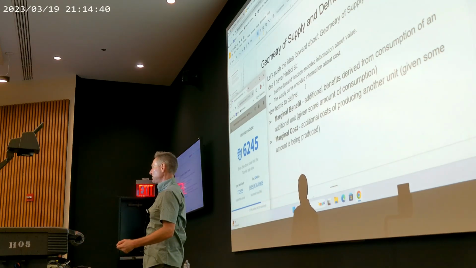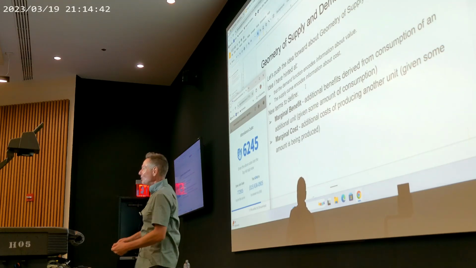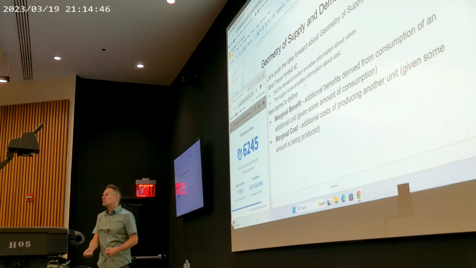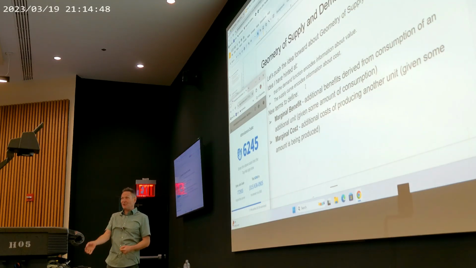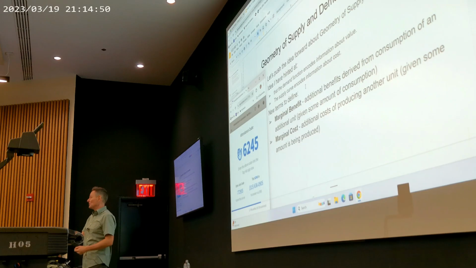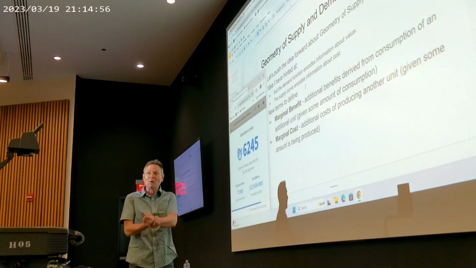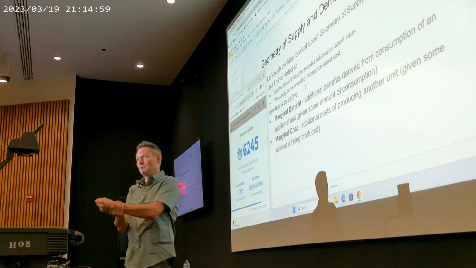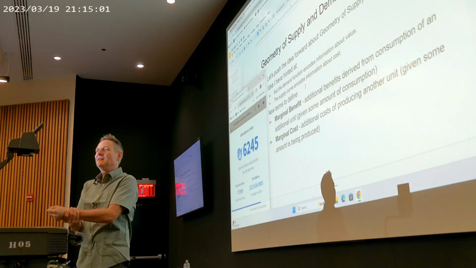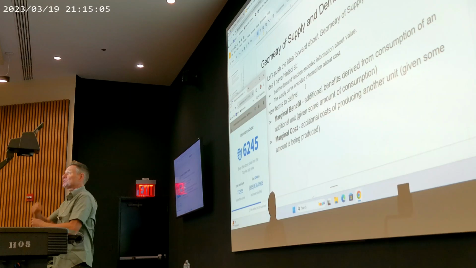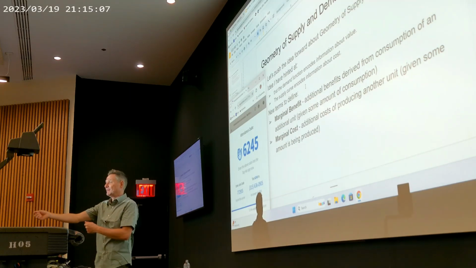So given you're consuming X, how much do you value having X plus 1? We would define that additional value or additional benefit as the marginal benefit. In the same way, you can think about marginal cost as, if you're already producing a certain number of units, you're a supplier, a producer, already producing a certain amount of a good, how much would it cost you to produce one more unit?